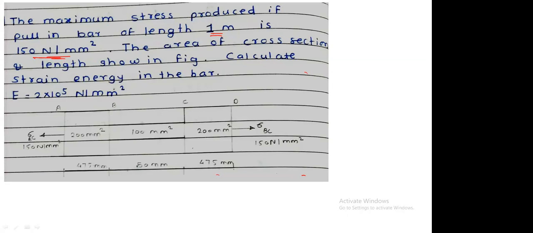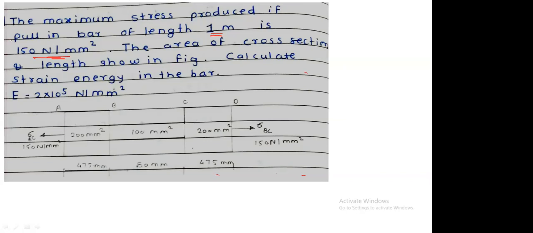The area of the cross section and length are shown in the figure. So the length of each section and their cross-sectional areas are represented in the figure given below. Calculate the strain energy in the bar.